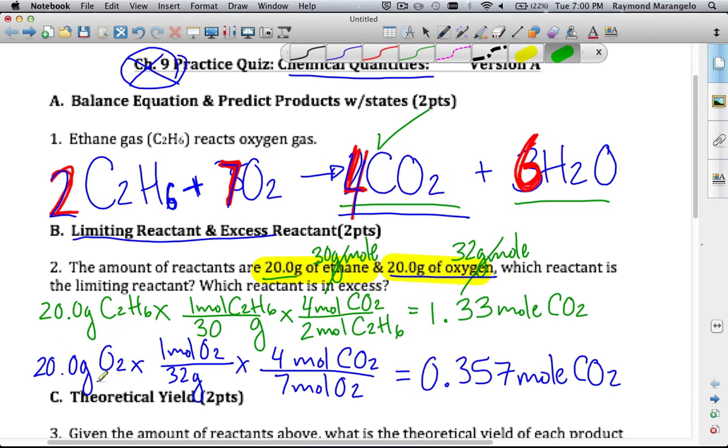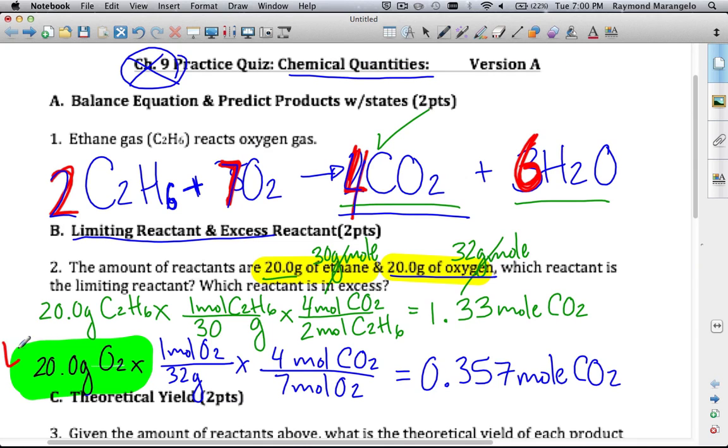Therefore, this guy here, that's my limiting reactant. Okay? Limiting reactant right here. What is this then? This is my excess reactant. Why is it excess? Because if I used up all of the ethane, all the C2H6, I'd be able to produce 1.33 moles of CO2. That never happens.